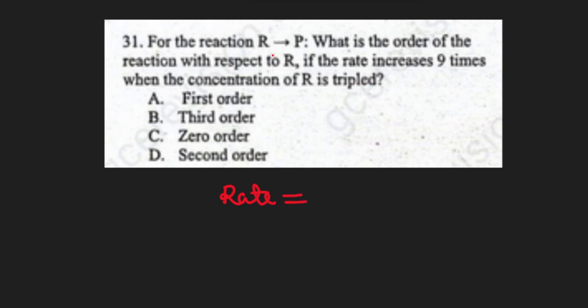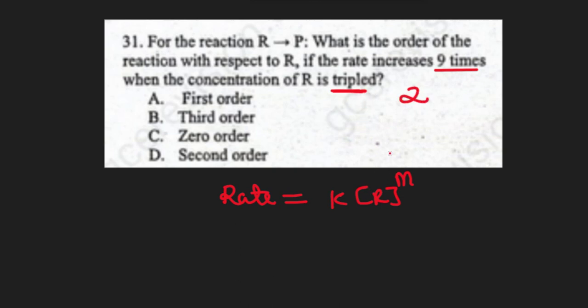The rate equation here is going to be rate equals K, the rate constant, times R to a certain power, let's say m, where m stands for the order of the reaction with respect to R. The value of m is not taken from the stoichiometric equation, but is determined experimentally. We see that the rate increases 9 times when the concentration of R is tripled. What is now the order with respect to R?